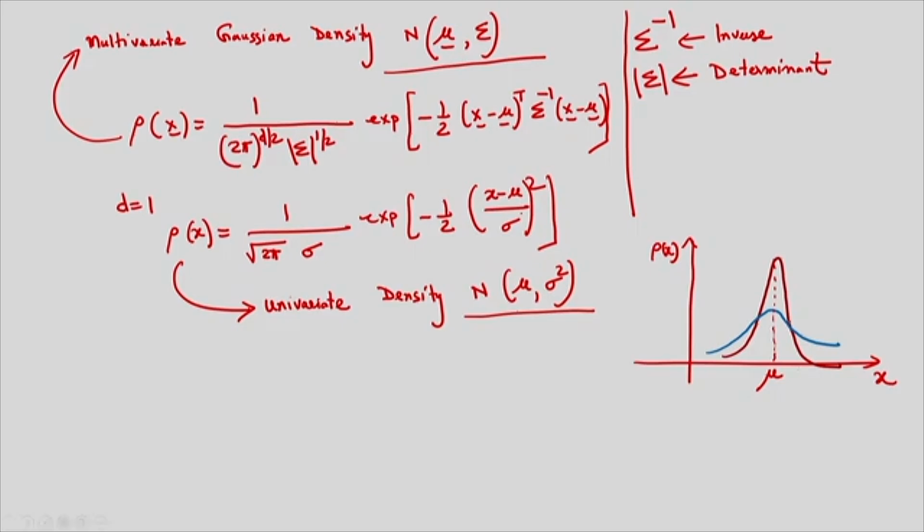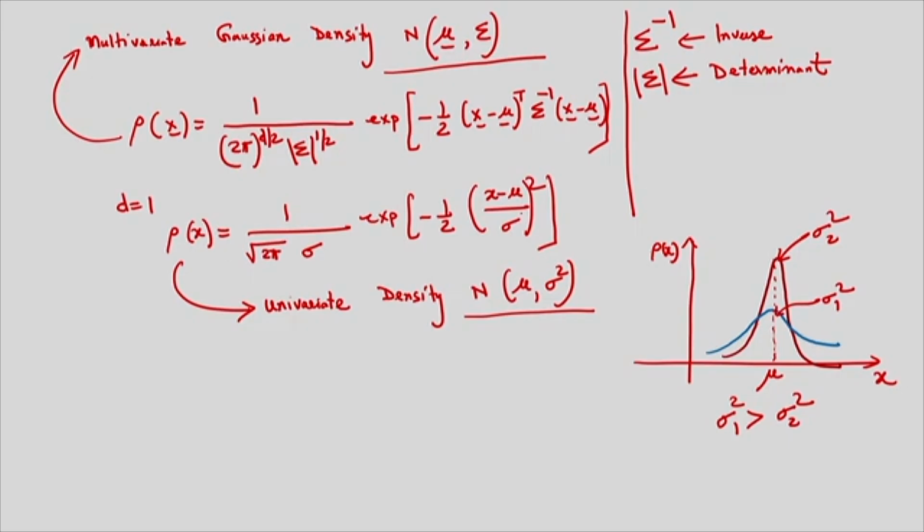For the first Gaussian the variance is sigma 1 square, and for the second Gaussian the variance is sigma 2 square. This variance controls the spread of the Gaussian, so in this case sigma 1 square is greater than sigma 2 square.